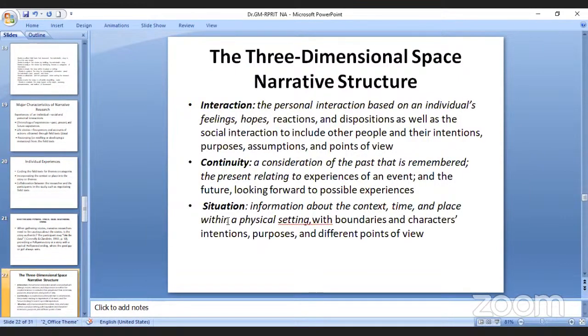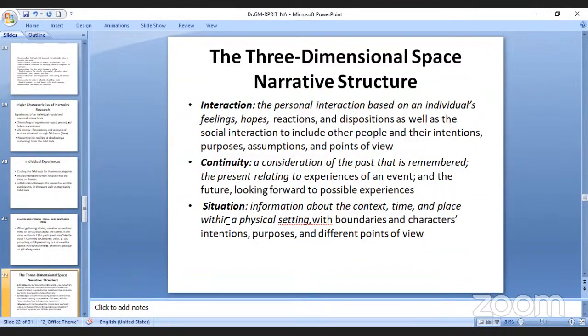Then the three-dimensional space narrative structure of a narrative story. First one is interaction, then second one is continuity, third one is situation. First, interaction.